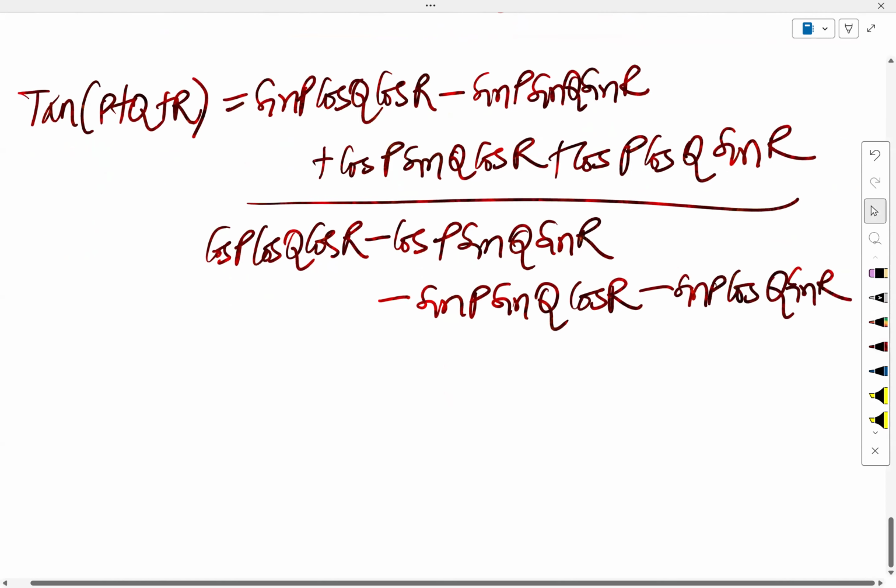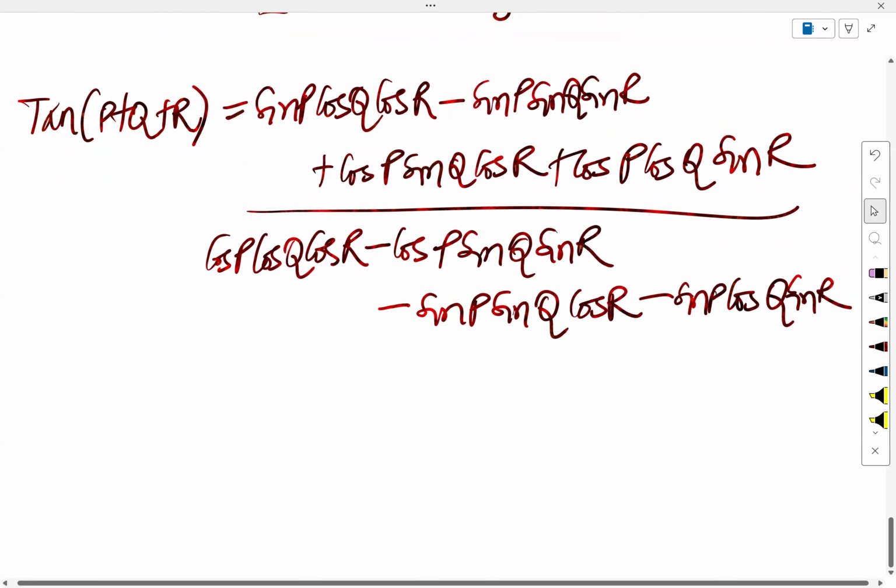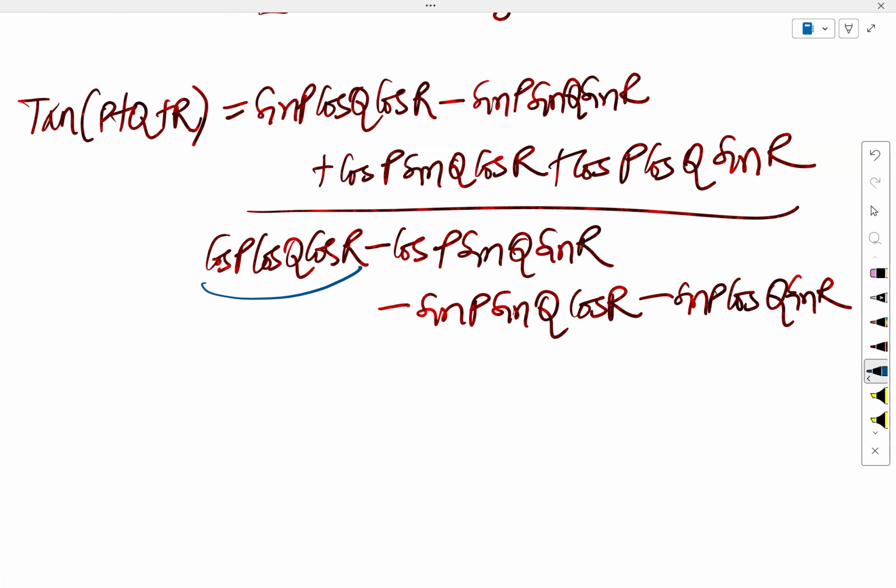Okay, now we need to tidy things up. We need everything in terms of tan. So it's better to divide by cos all the way so we can make sure everything turns out being in terms of tan.